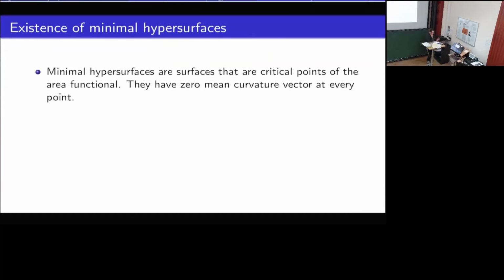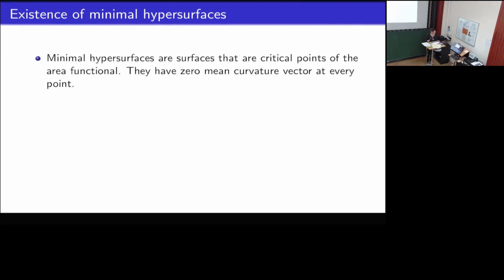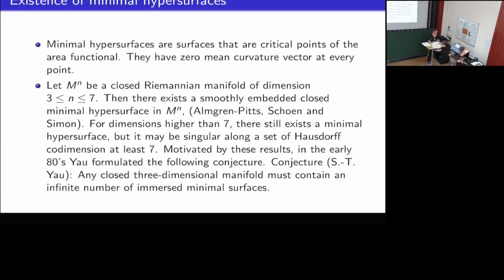I'm not going to talk about minimal surfaces too much here. I probably will not have time, but I'm just going to mention that there was some serious development in terms of existence of infinitely many minimal hypersurfaces, solving Yau's conjecture.